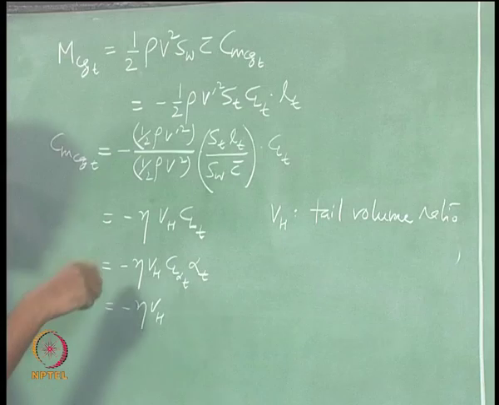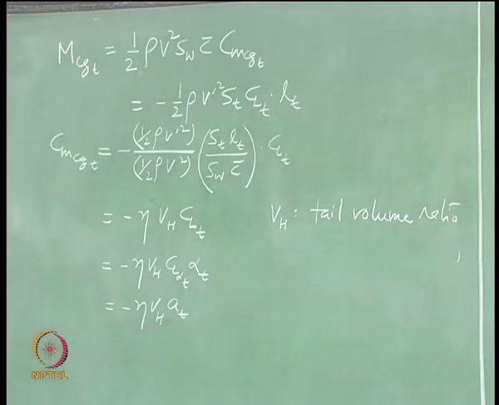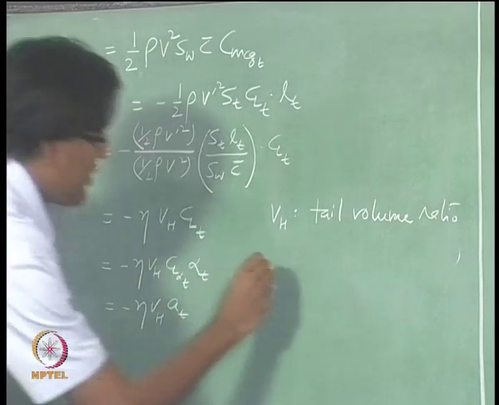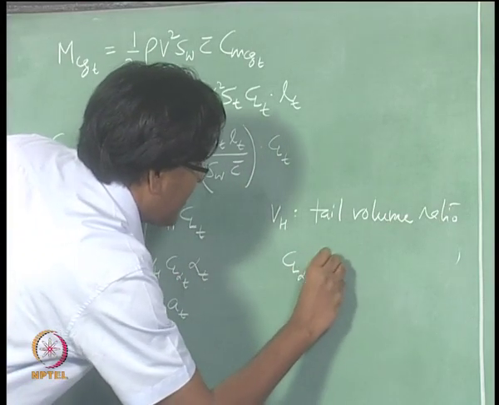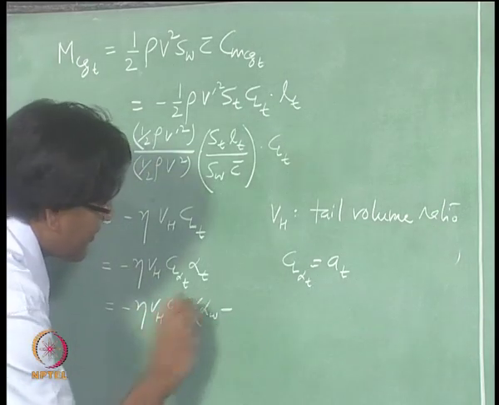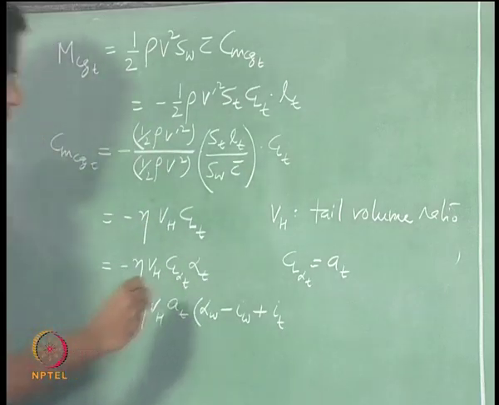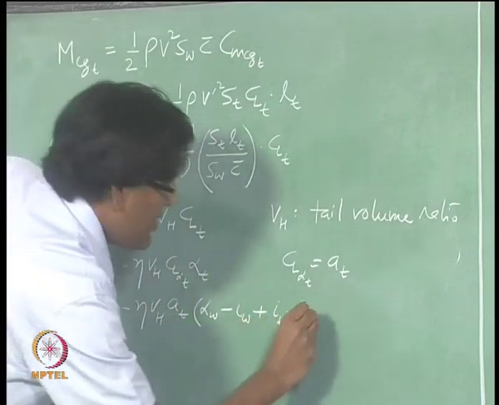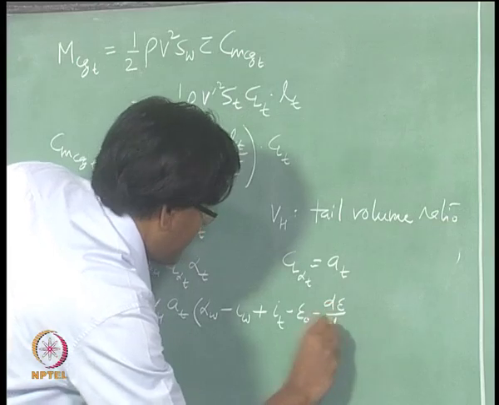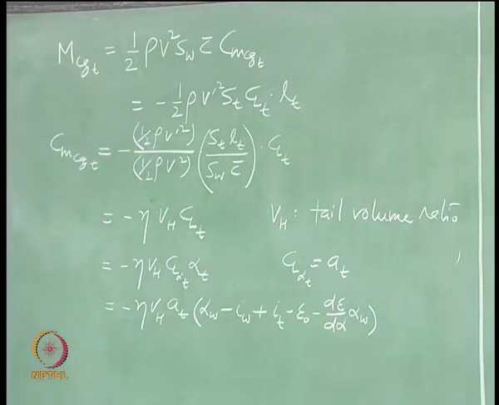So, lift curve slope at the tail can also be written as this a_T, right, into alpha tail, which is... all right.